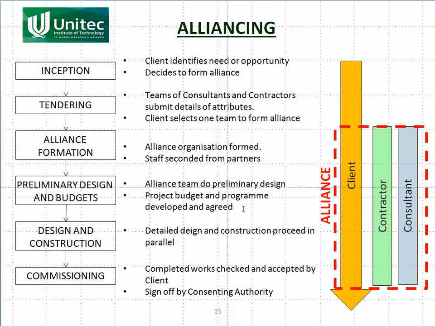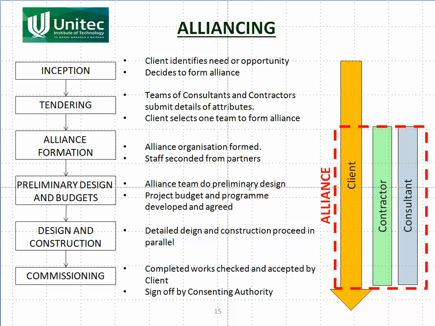That means they're all working together to progress the project in the best way possible to achieve the project objectives in the most efficient way, and they're all agreeing that this is the way it's going to work. Now, having a contractor and consultant working together means that the skills of both organizations come to bear, and you're going to end up with the most efficient way of building the project.